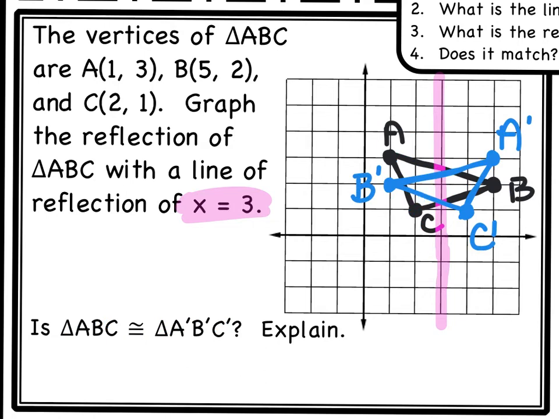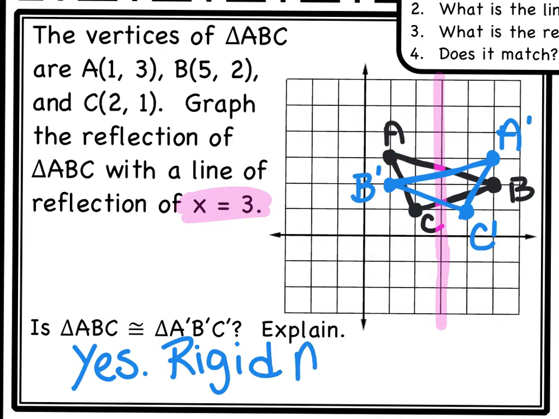We had a name for that we talked about yesterday. So my answer is going to be yes, they are congruent. They're the same shape and the same size. And the term that we used yesterday was rigid motion. Remember, the term rigid motion means that a transformation has taken place that results in two congruent figures.